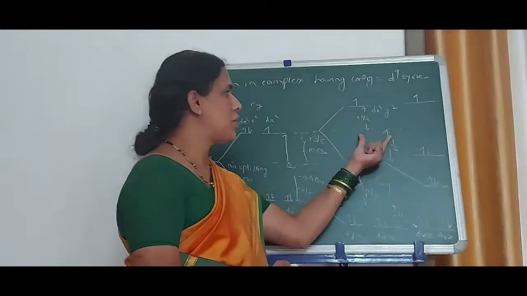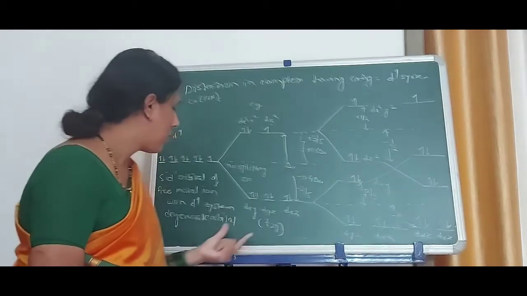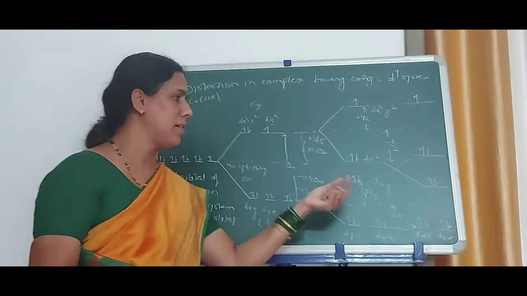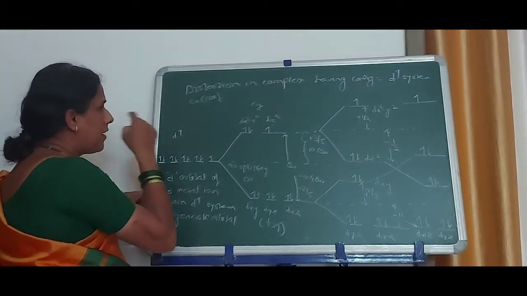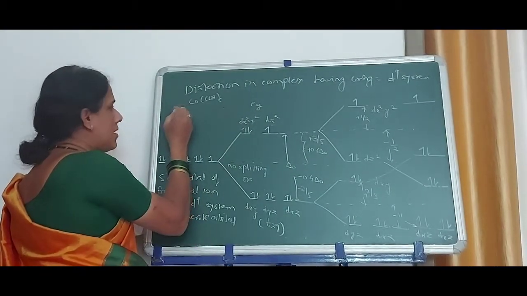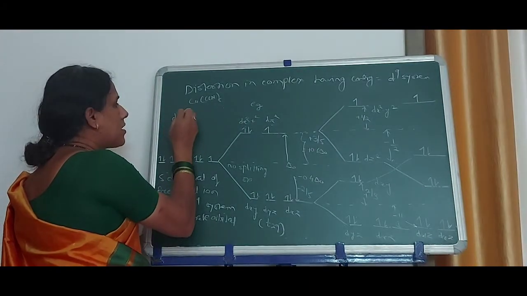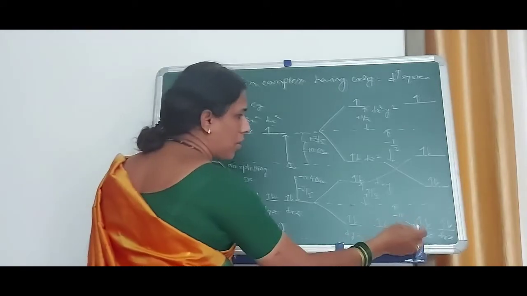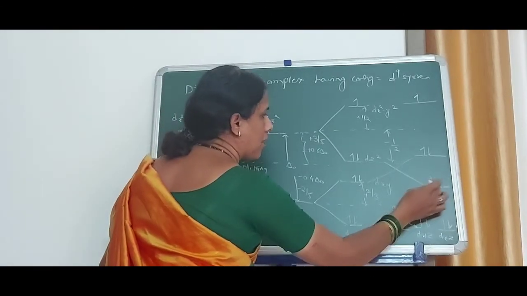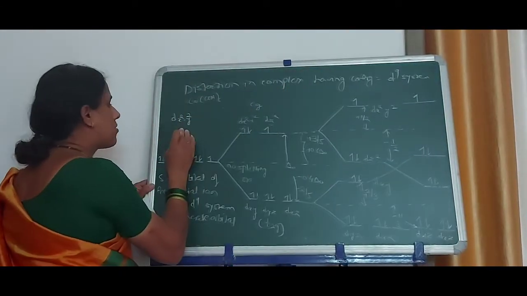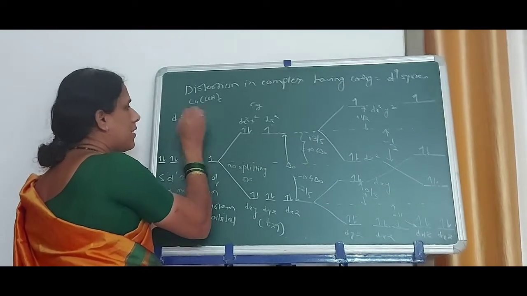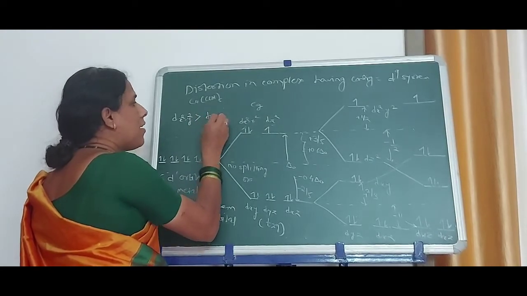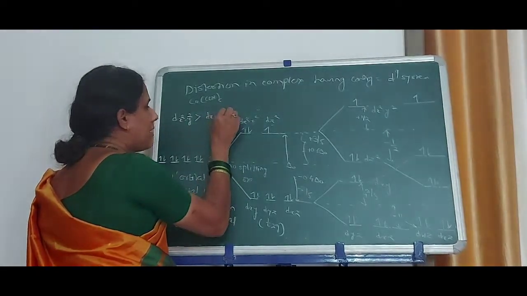the electronic distribution in a configuration of a d9 system is represented as here. The energy of the system can be written in the way as it is: dx square minus y square. Okay, again you have to count the number of electrons: 1, 2, 3, 4, 5, 6, 7, 8, 9. dx square minus y square is greater than dxy.